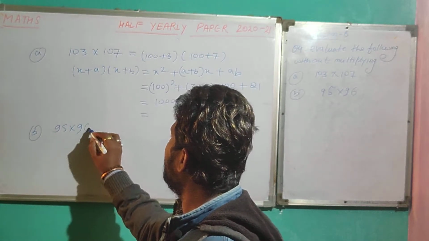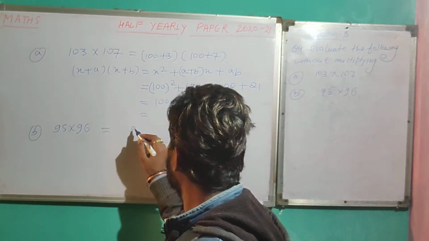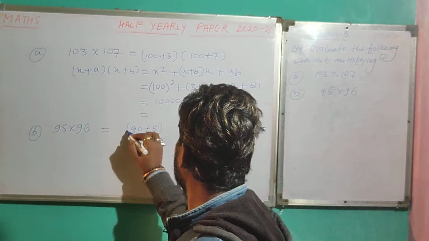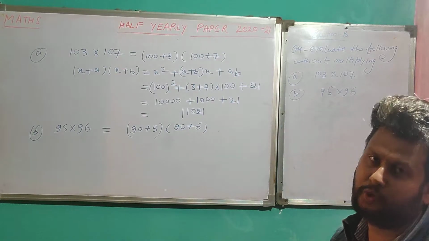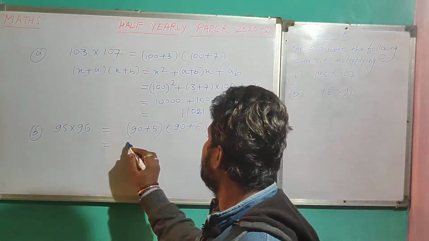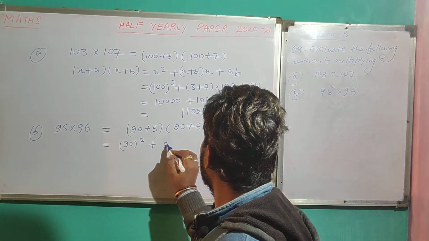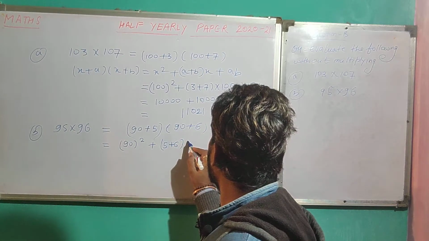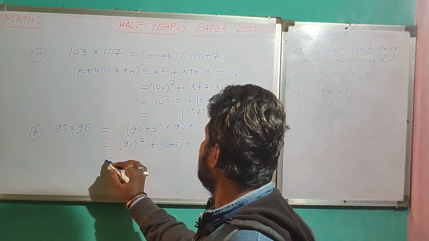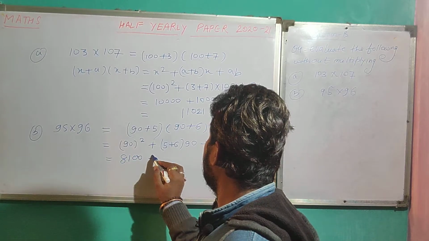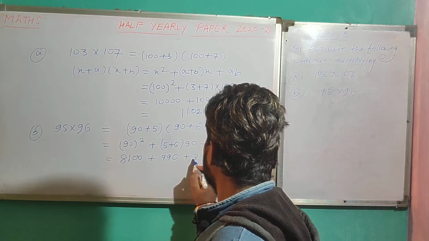95 into 96. So this can be written as (90 plus 5) into (90 plus 6). The same formula has to be used over here. Therefore x square plus (a plus b) into x plus ab: 90 square is 8,100. 5 plus 6 is 11, into 90 is 990, plus 30.